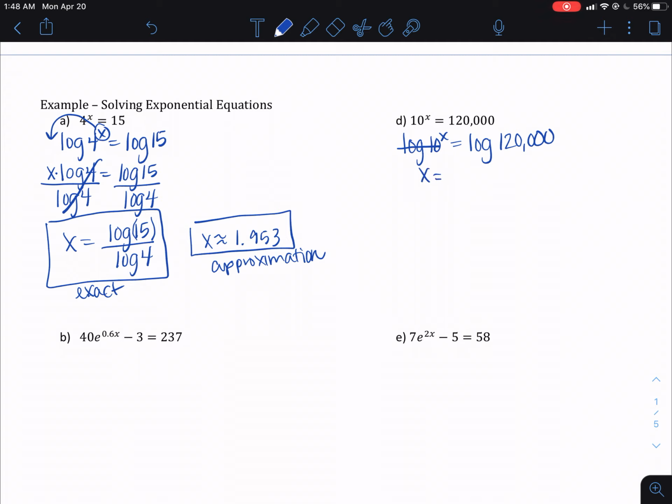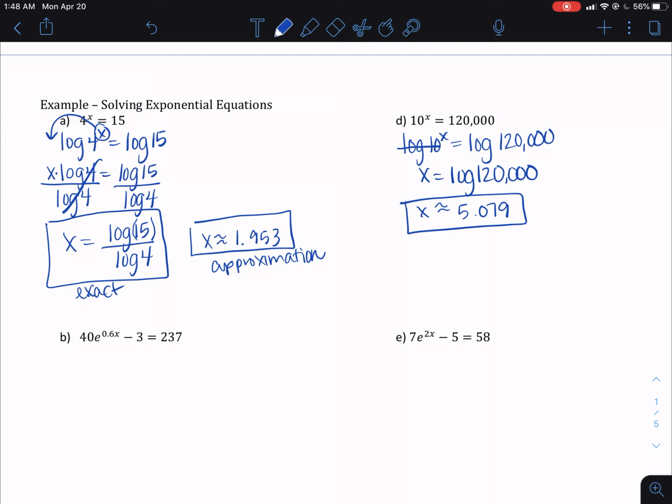So x equals log of 120,000. If we plugged that in our calculator, we would get 5.079 if we rounded to the nearest thousandth. That's one thing to be careful about on your homework: making sure you're reading what it wants you to round to in the end.